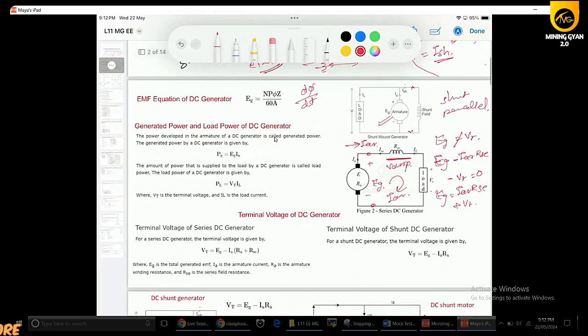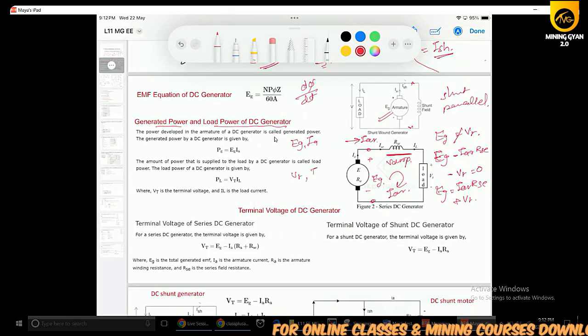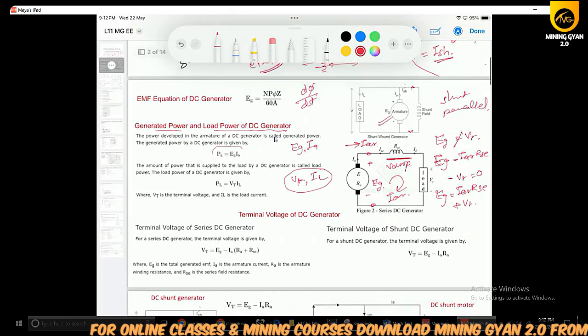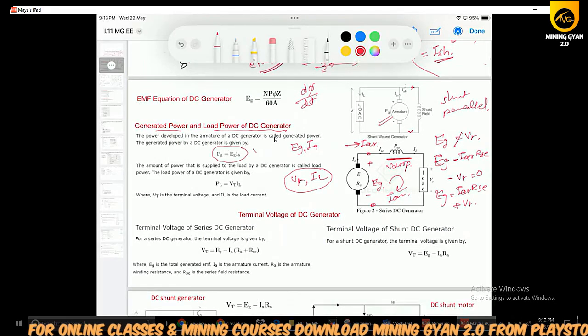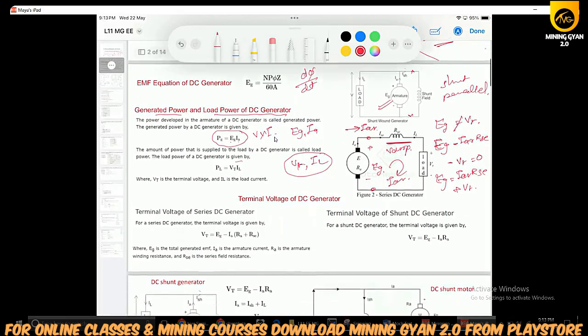Next, the generated power and the load power of the DC generator. You know that E_G and I_A are the generated voltage and current, and V_T and I_L are the load voltage and current. Then the generated power will be voltage into current: the generated voltage is E_G and the generated current is I_A.